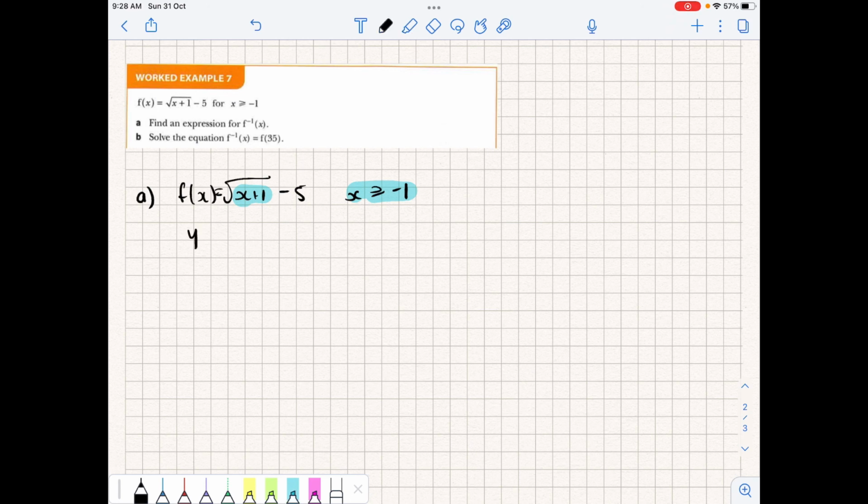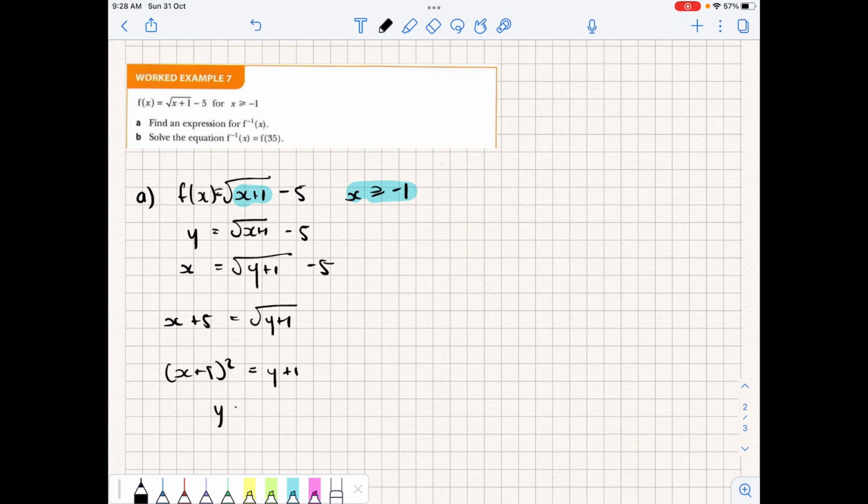Okay, let's change this into y equal to the square root of x plus 1, minus 5. We'll remap x and y. x equal to the square root of y plus 1, minus 5. We'll move the 5 over to the other side. We'll square both sides. And then we'll move the -1 over.